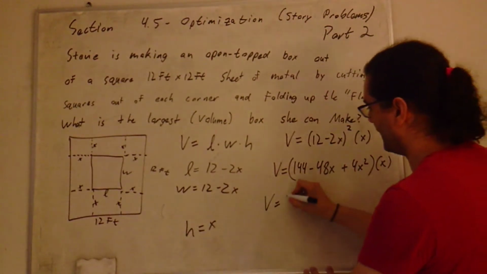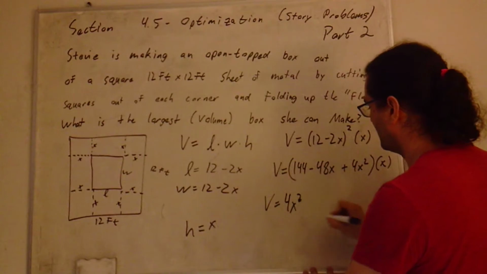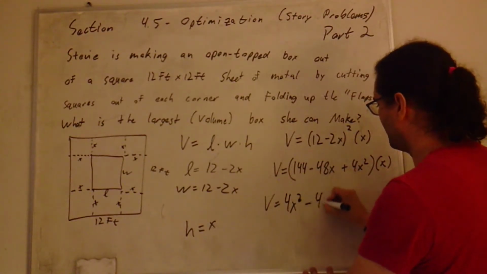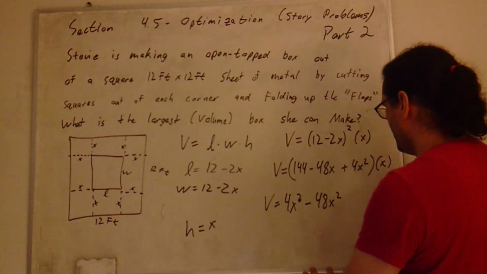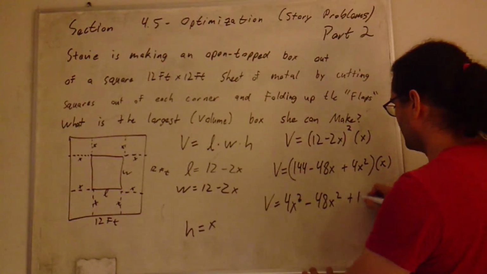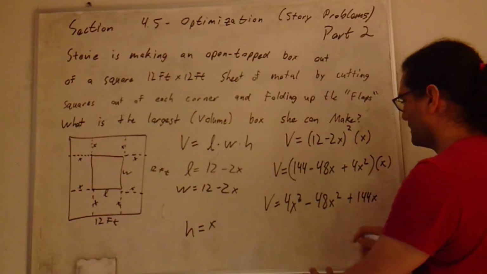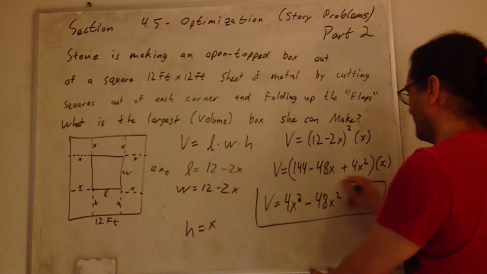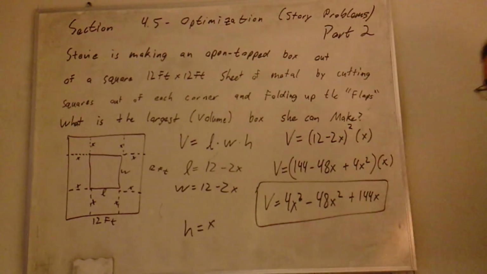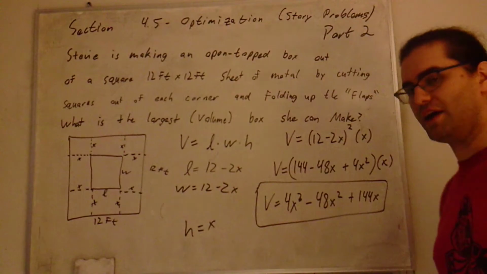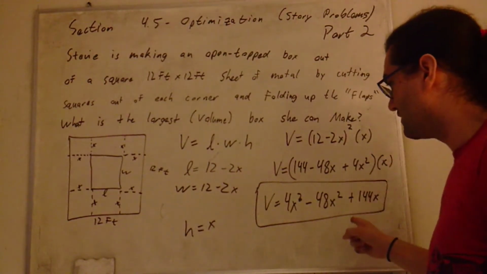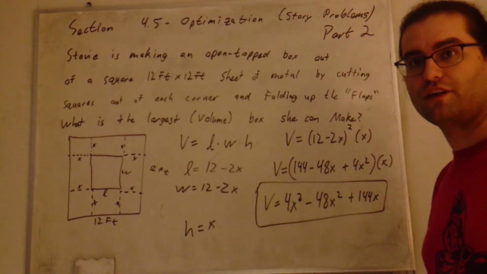I'm going to get 4x cubed, negative 48x squared, and plus 144x. This is my simplified volume equation. This is what I need to maximize. This is what I need to take a derivative of and set equal to 0.